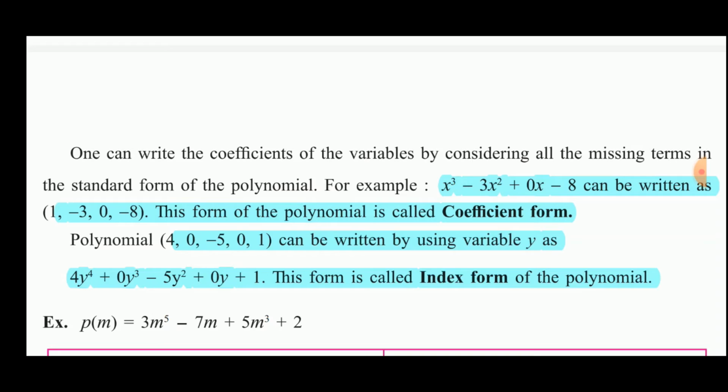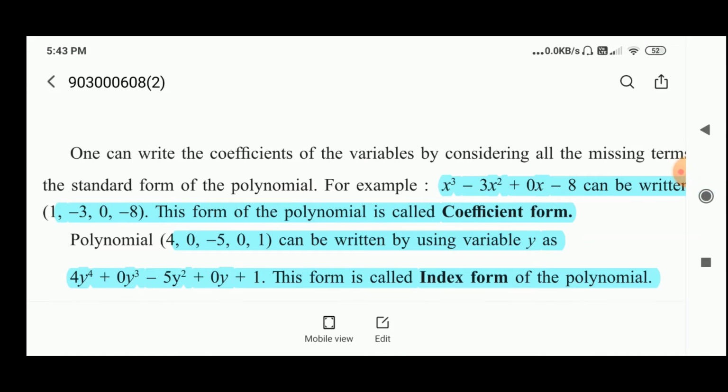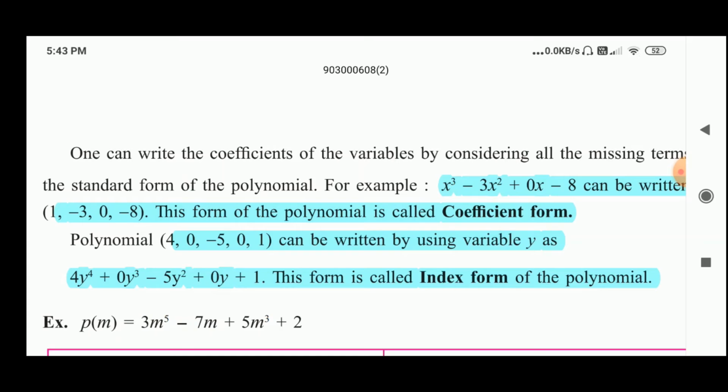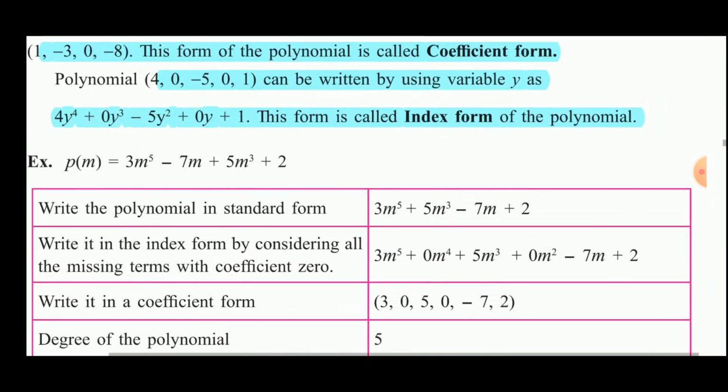The variable is y, and since the degree is 4, the power of y will be 4, plus the second coefficient is 0, then the power of y will be 3, minus 5y square plus 0y plus 1. So this is called the index form of the polynomial.